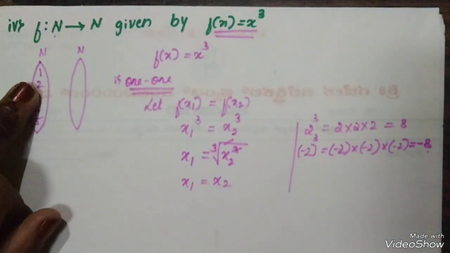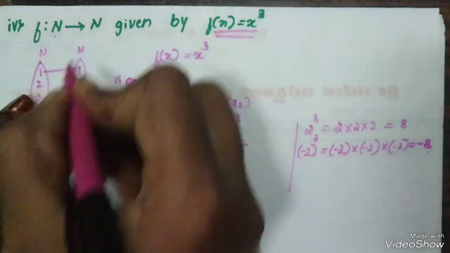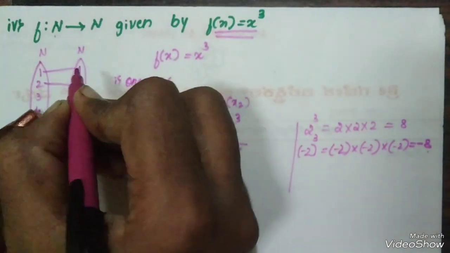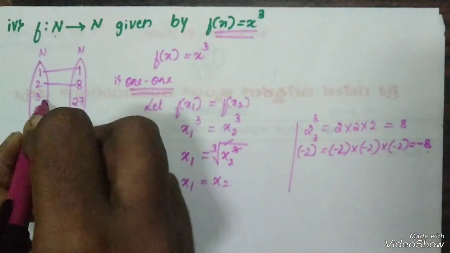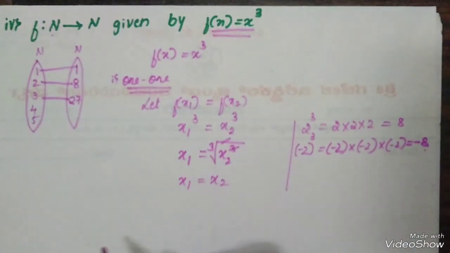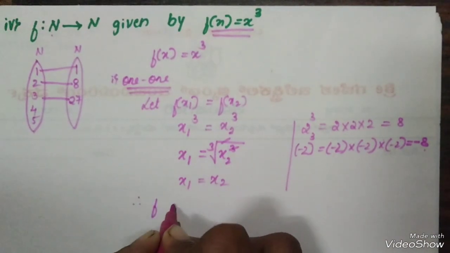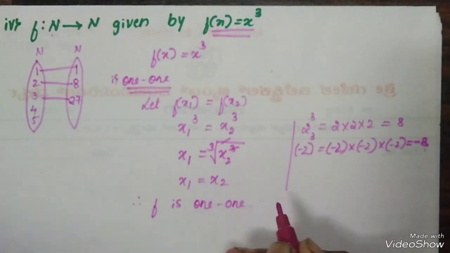For n is equal to 1, 1 cube becomes 1. For n is equal to 2, 2 cube becomes 8. Consider 3, 3 cube becomes 27. Now f of x is one-one.